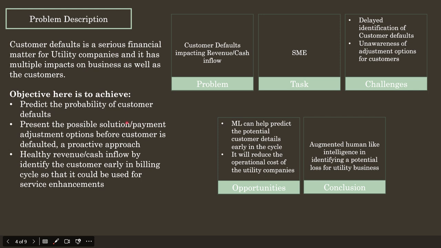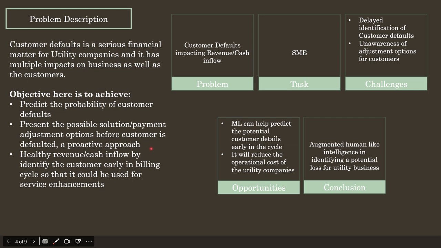This means we identify the customers who are going to default, and proactively present them a solution, adjustment options, or a customized plan, so that the revenue of the company doesn't get impacted fully.